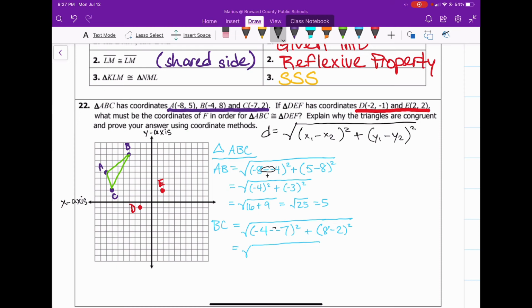Working this out, we have a double negative right here, so that's going to become a plus. Now that's going to become 3 squared plus 6 squared.